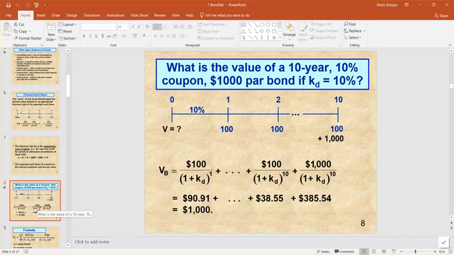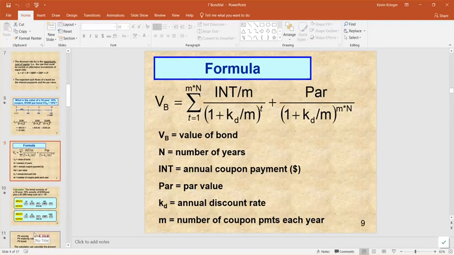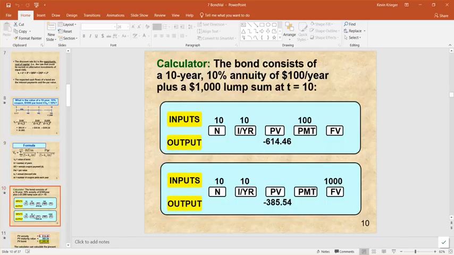I don't spend much time sitting around thinking of bond valuation as this formula, but this is indeed the formula. That kind of thing was actually more applicable a generation or two ago. It's a lot easier nowadays to just use your calculator.